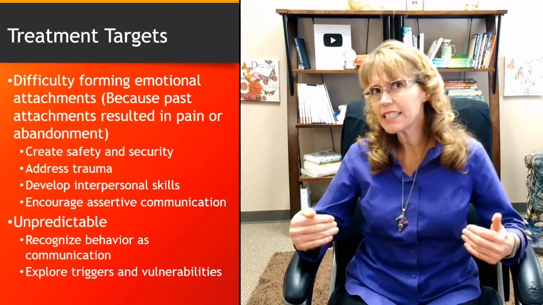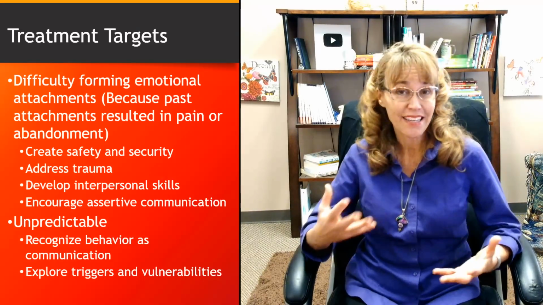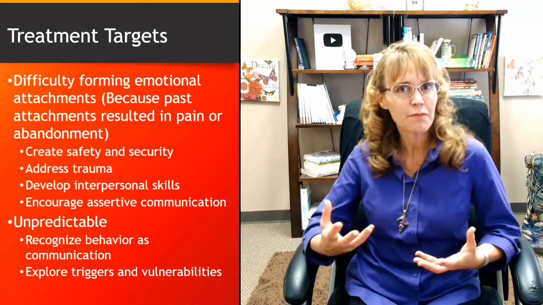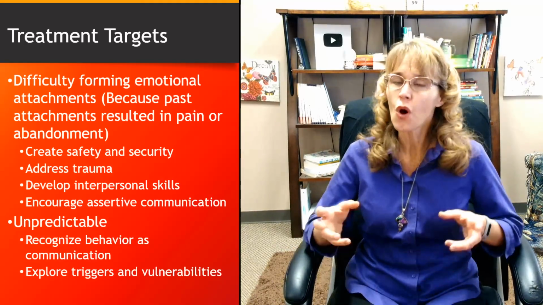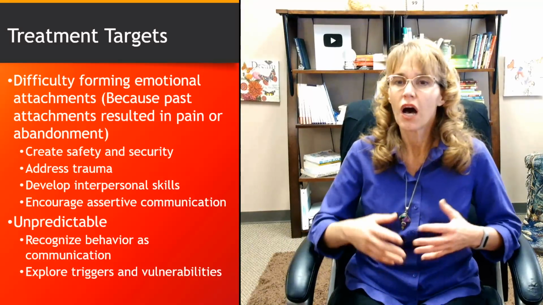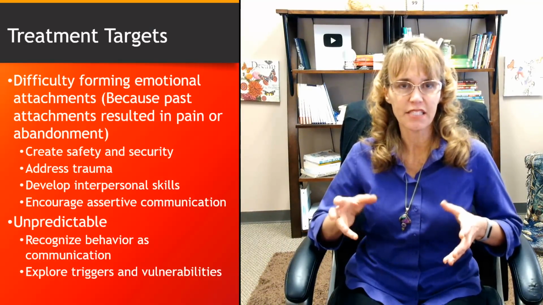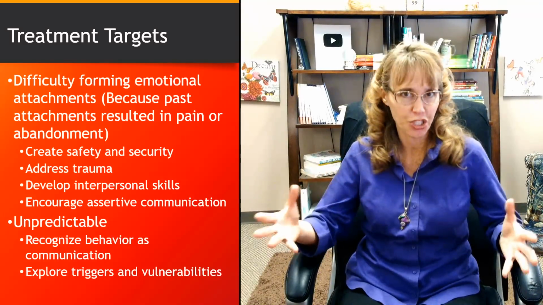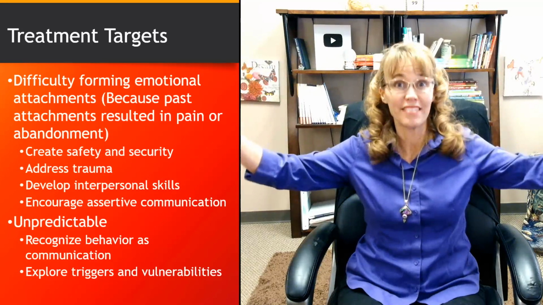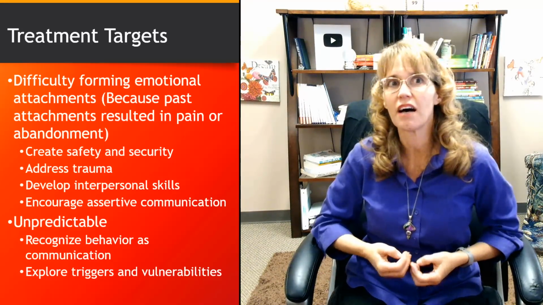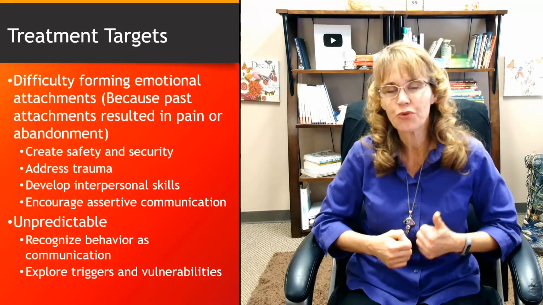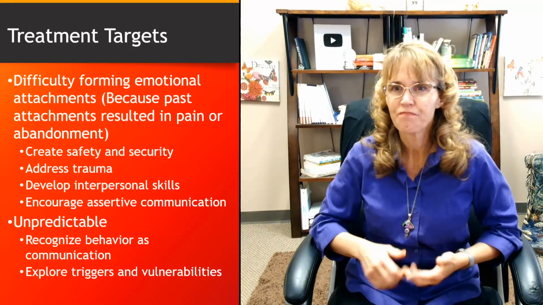But what I did glean from the symptoms that are present with somebody with one of these disorders or from the research were a variety of treatment targets. So somebody with attachment issues, we're just going to broaden it, even if they don't rise to meet the full criteria of reactive attachment disorder or disinhibited social engagement.